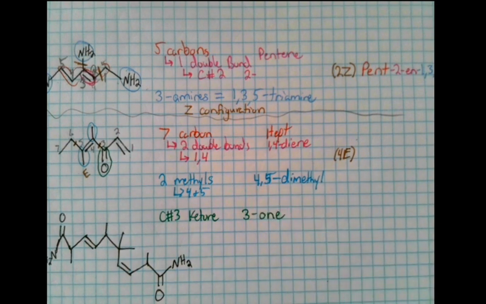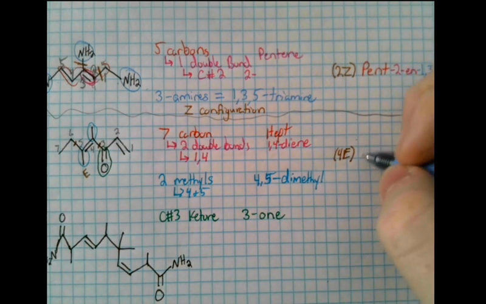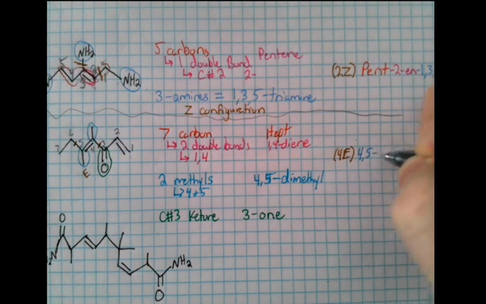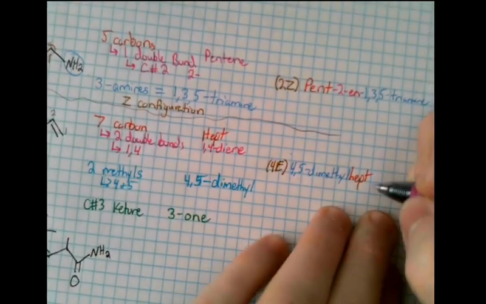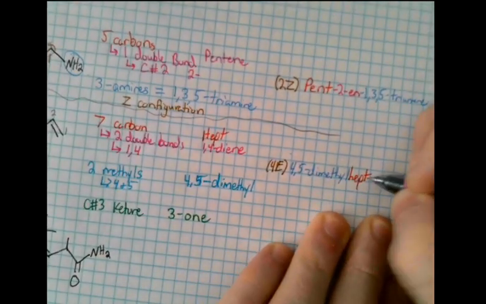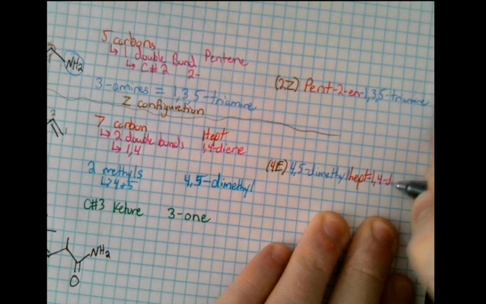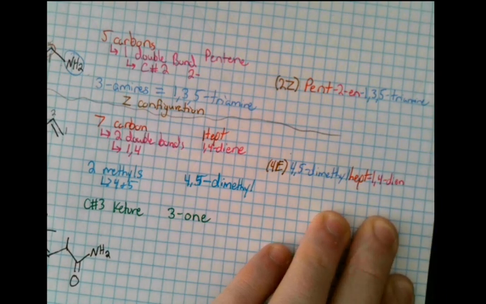So we have to do the 4,5-dimethyl first. So it'll be dimethyl, hept, it would be heptane, but it's now going to be hept 1,4-diene, but we don't add the extra e at the end.